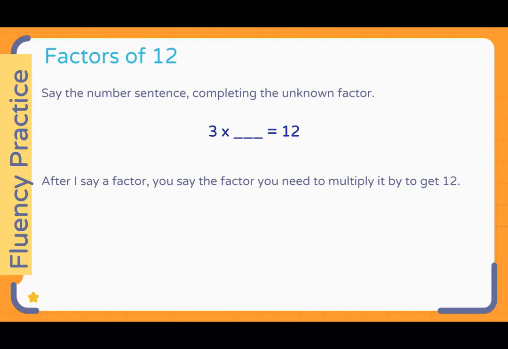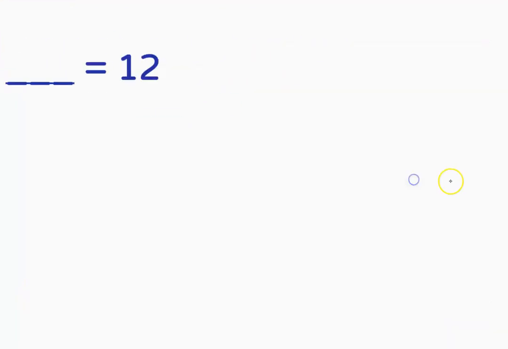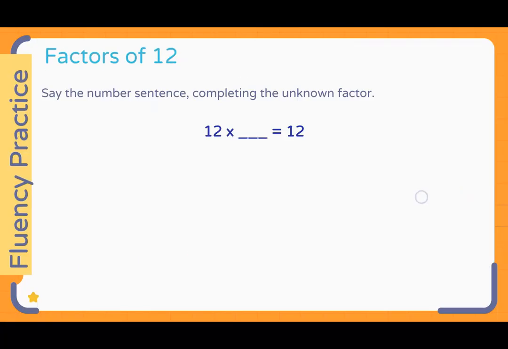Okay. So let's go back so we can see the answers. 12 times 1 is 12. 1 times 12 is 12. 6 times 2 is 12. 1 times 12 is 12.